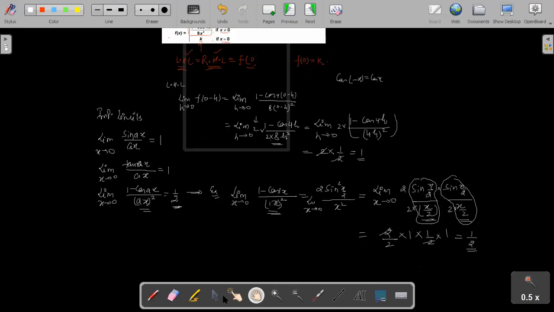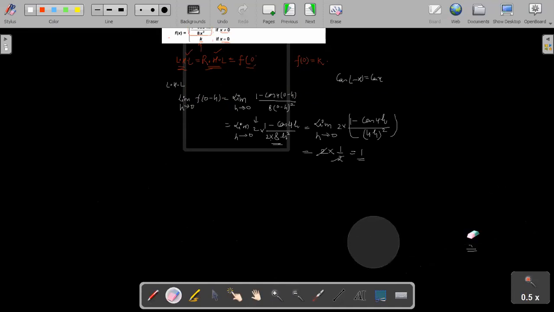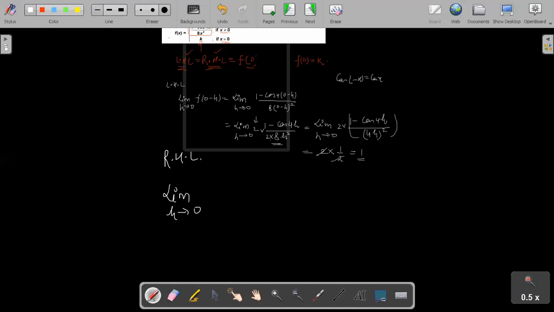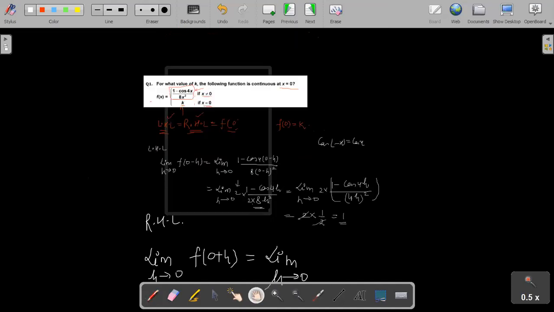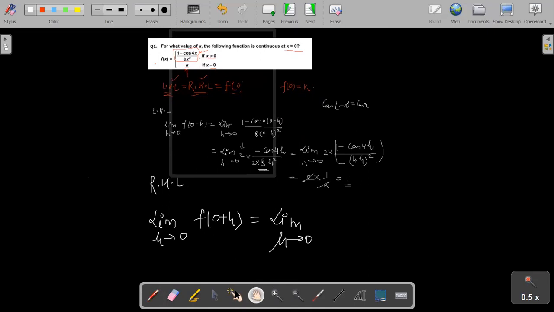All right, so I'm removing that part because I have to calculate RHL here. As I told you, the formula for the RHL is f of 0 plus h, because in the place of a we have 0. So I'm writing limit h tends to 0, f of 0 plus h.